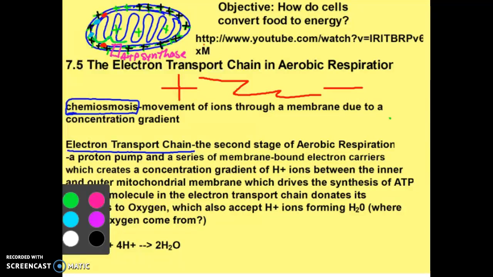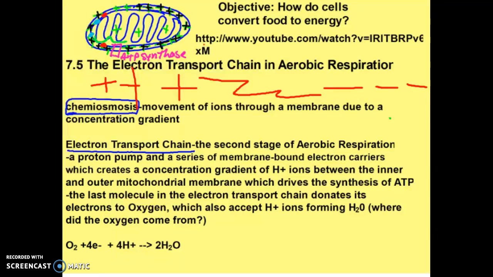We have the area where there's a lot more positive charges and the area where there's a lot more negative charges, and that bolt of lightning, that incredible amount of energy, is really just causing the equilibrium between those two charges. So the positive charges are going to move in one direction, and the negative charges in another direction to kind of equalize that. And that's the same thing that's happening in the mitochondria.